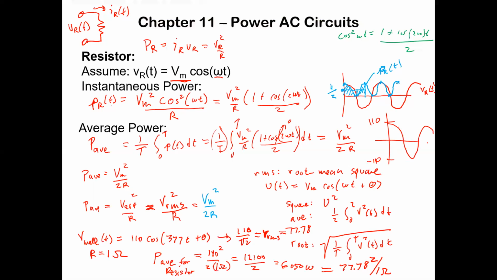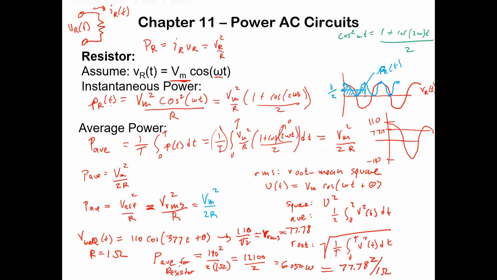But if you're thinking about it from a power perspective, because you're going to square that and then divide it by 2R to get the power, the magnitude squared divided by 2R. If you had to come up with an equivalent DC voltage that would give you the same power, you would set it to this 77 volts, the VRMS value.